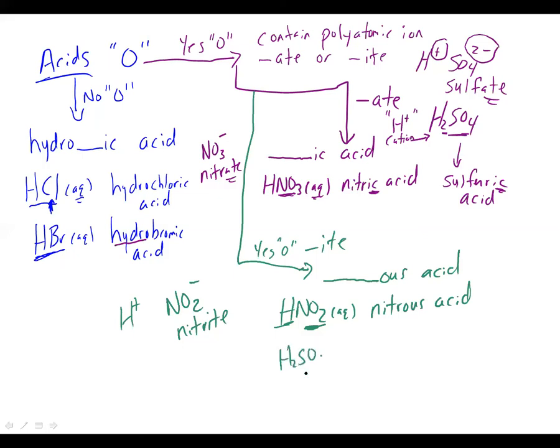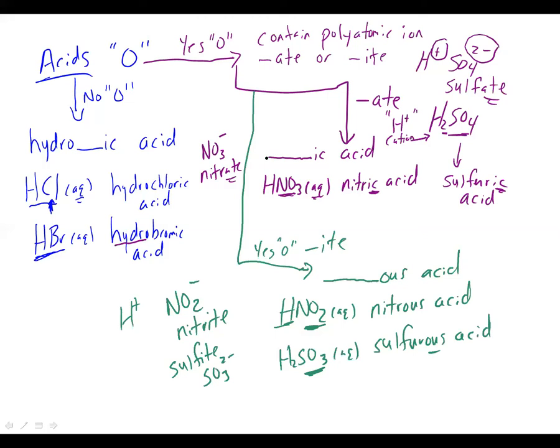Also, if you had something like H2SO3, the SO3 here is sulfite. So this will be called sulfurous acid. When we're naming acids, it's really all about the oxygen.